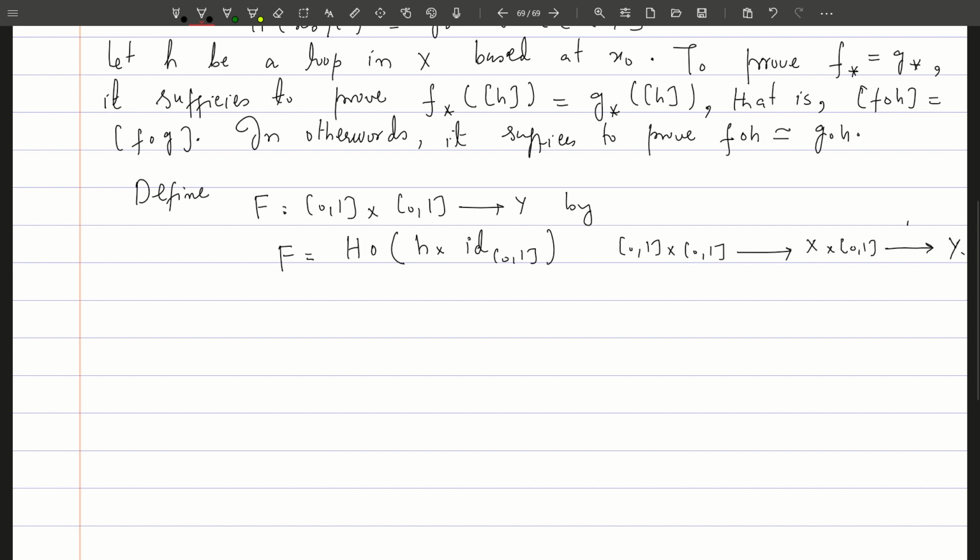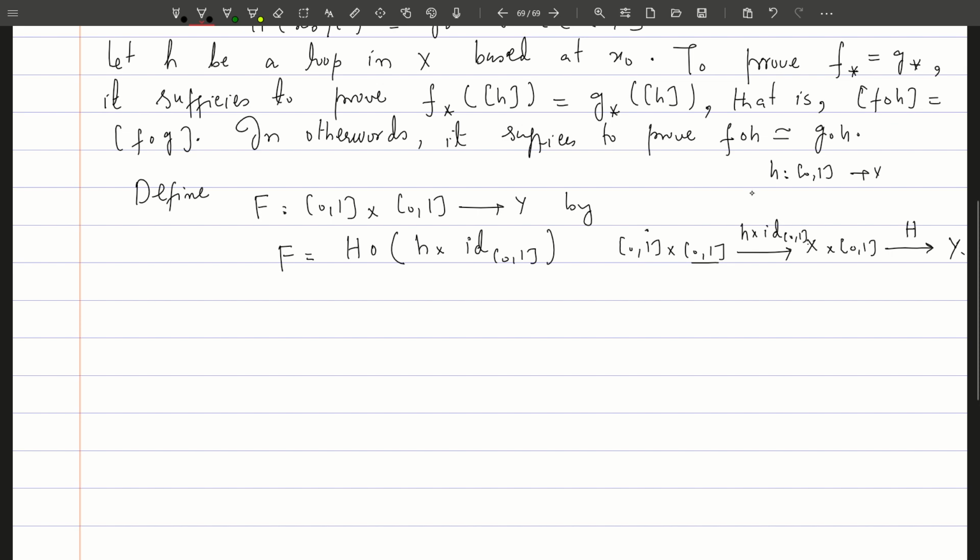We have the homotopy H, and this is the map. Since h is a loop based at x naught in X, h is actually a map from the interval [0,1] to X. So this [0,1] goes into X via the map h, and this [0,1] goes into [0,1] via the identity map.